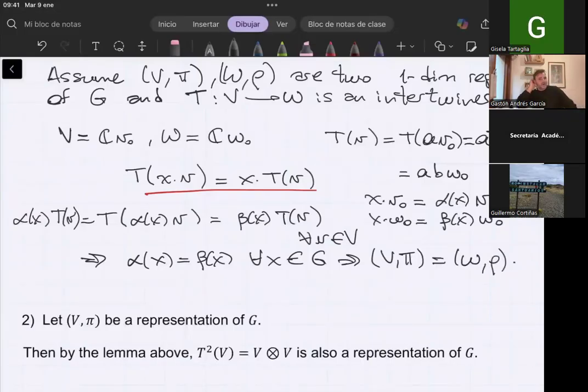Okay, so one-dimensional representations are different, or if they're isomorphic, they are equal.